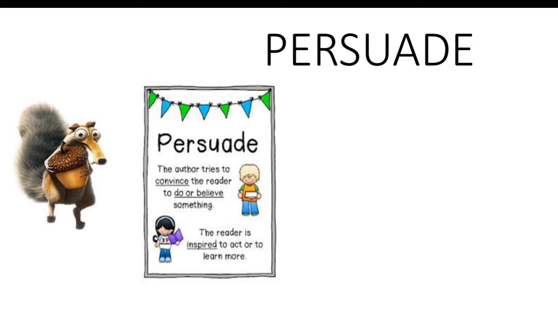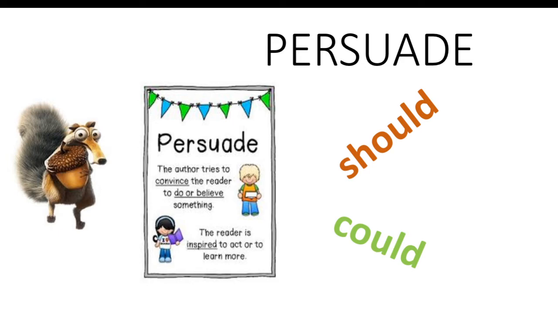And when the author is persuading you, he is using this word, should, like you should study the English language really hard. It is very important because with the English language you can get anywhere. So the author is trying to persuade you. He is trying to convince you.